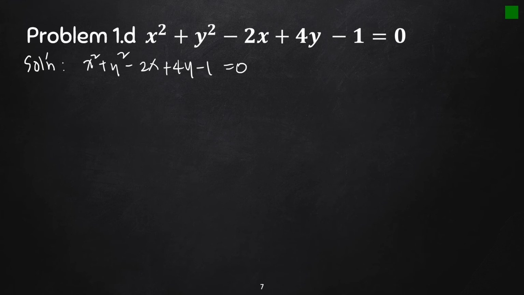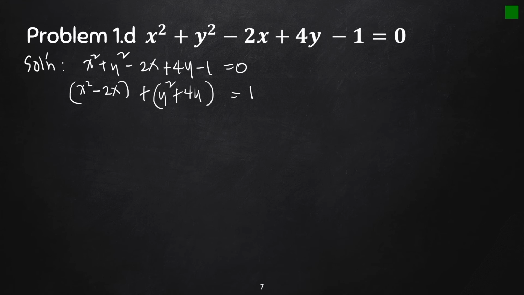To do that, the first thing we need to do is group together the terms in our equation with the same variable. So we have x² − 2x + y² + 4y, and then we transpose the constant to the other side, that's positive 1. If you notice, this is the same problem in the previous session, session 4.1.